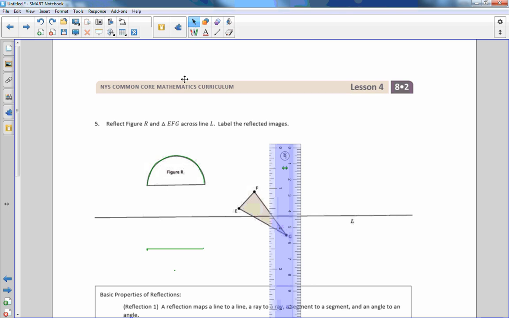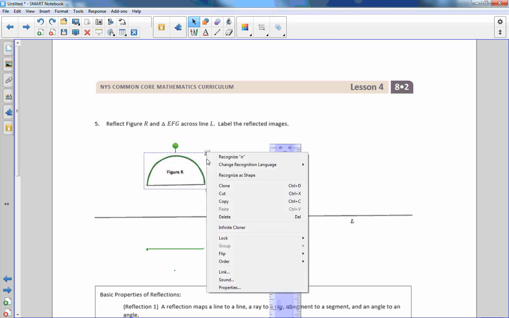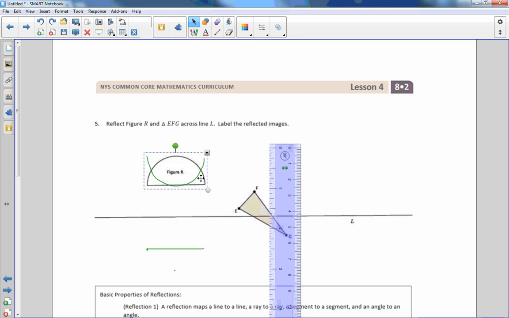I'm going to now choose that. I'm going to flip it up, down, and I'm going to drag it down here so it's on that. So it should be like right here. Okay, and then get rid of that, get rid of that, and that's approximately what my figure looks like there. And that's figure R prime.